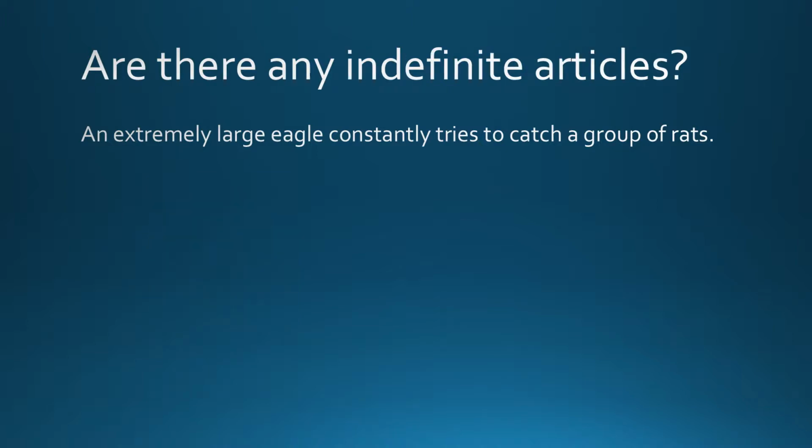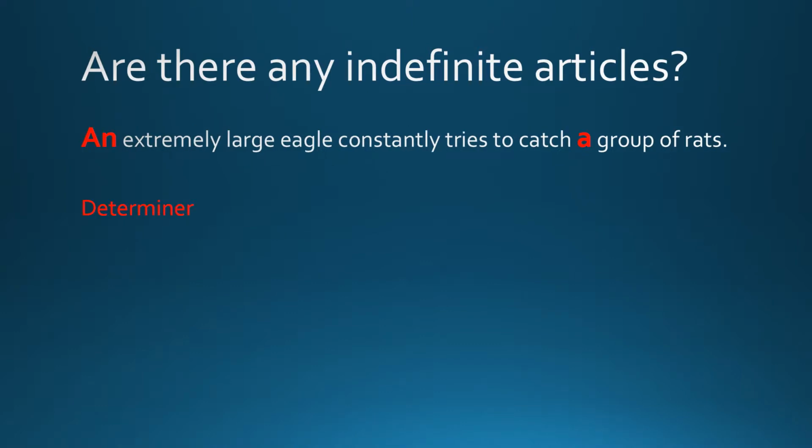So, next question. Are there any indefinite articles? And remember, they are a, an, and yes, there are two. So, we've found two determiners, and they are indefinite articles.